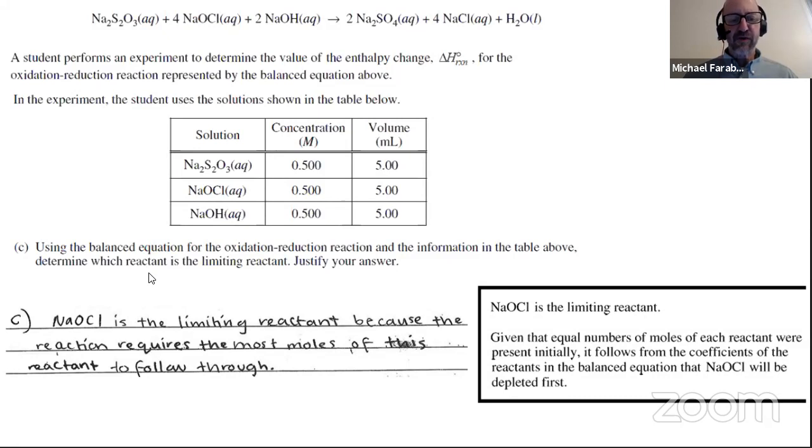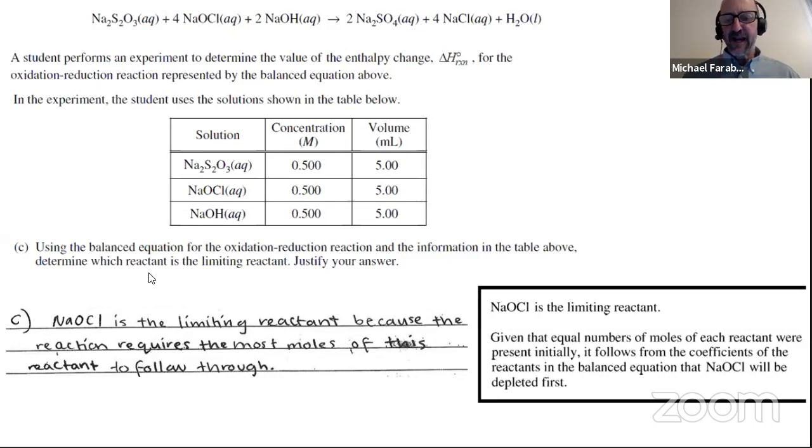So there's 4 moles of NaOCl for every 2 moles of NaOH for every 1 mole of Na2S2O3. It's going to be the NaOCl that runs out first. So they did not mention the part about equal moles of reactant as given in the table.